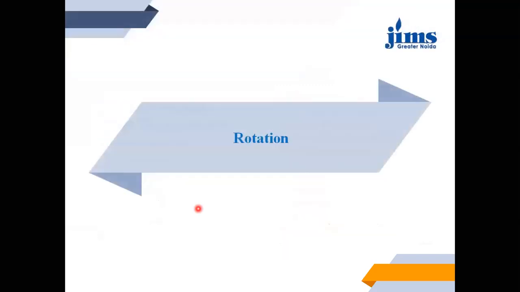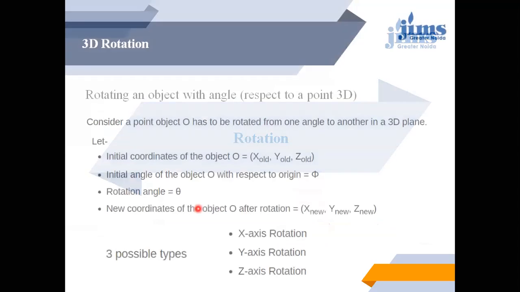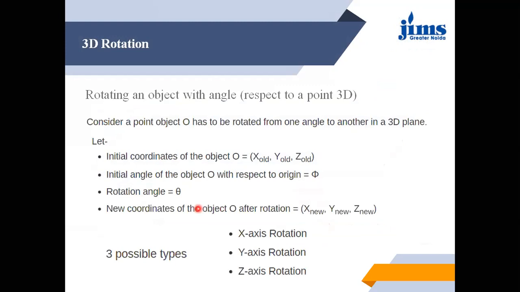Now we will discuss 3D rotation in today's lecture. So rotation of an object with an angle, for example, any angle in a three-dimensional point. Let me draw. Suppose this is a 3D coordinate system, and we have this 3D object.